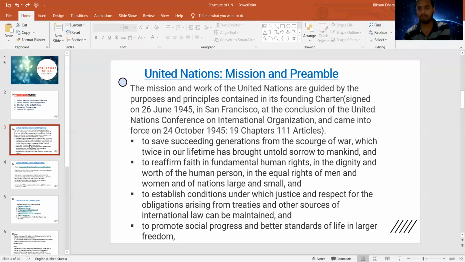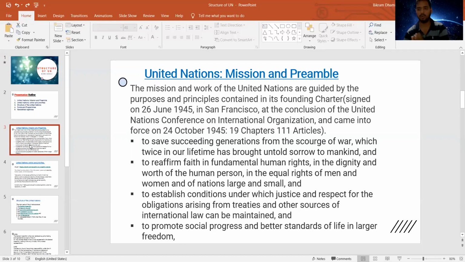The preamble, or the introductory part of the United Nations Charter, mainly has four provisions. The purpose of establishing the United Nations was to save succeeding generations from the scourge of war, which twice in our lifetime has brought untold sorrow to mankind.